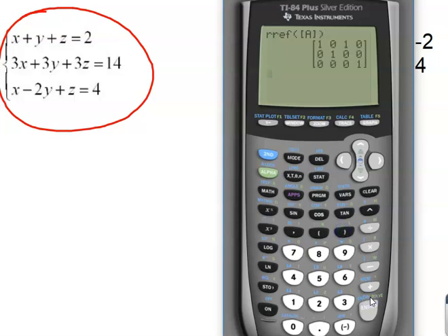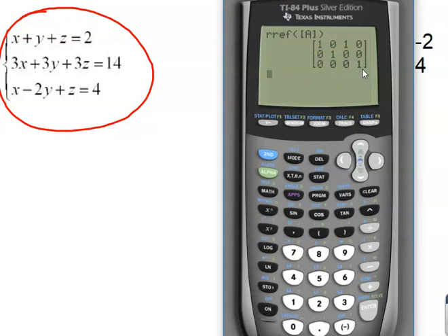So if you notice, it looks a little funkier than before. The first row is 1, 0, 1, 0 instead of just a 1, 0, 0, and then an answer. The second one, it's not consistent like the other one, okay? So let's look at the last row. Okay, the last row, do you see that none of these is a 1?